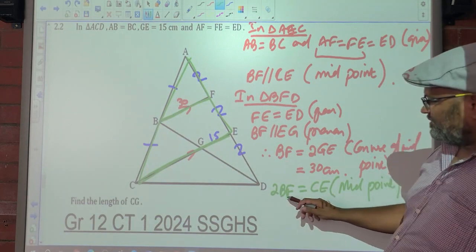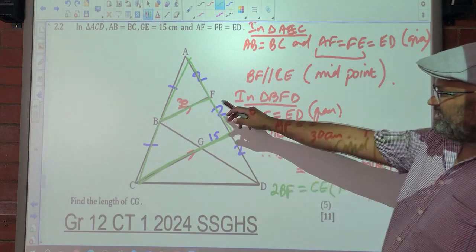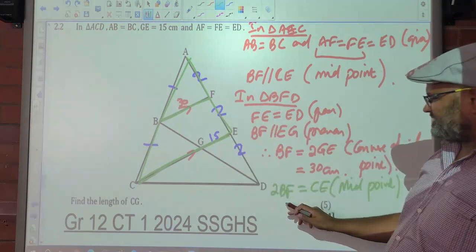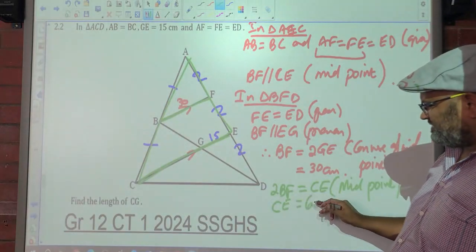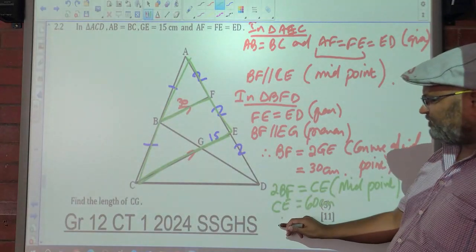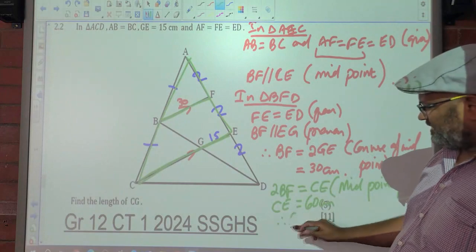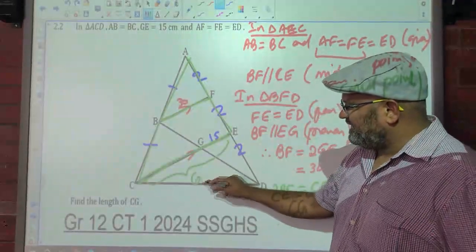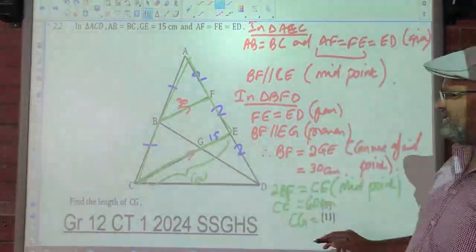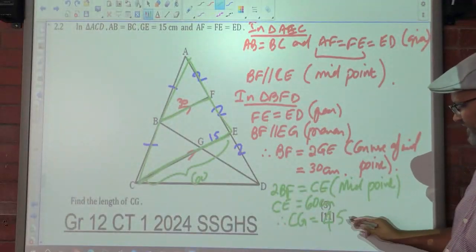Okay, and because BF is 30, CE is 60. So CE is 60 centimeters, and therefore CG is equal to, if this whole length is 60 and that is 15, then what is that? 45 centimeters.